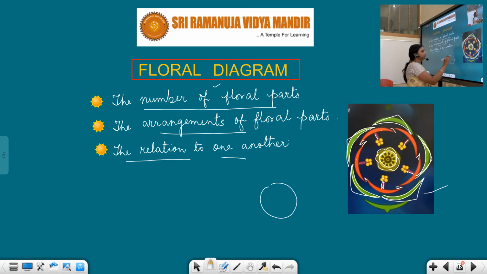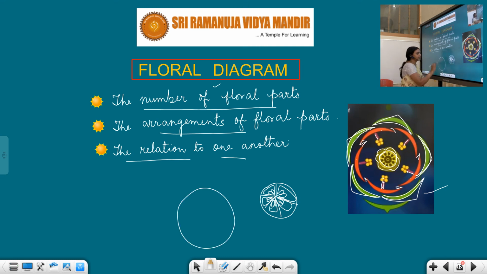See, if these are carpels, 1, 2, 3, 4, 5. And inside the carpels, locules are present. These are locules, and inside the locules, ovules are arranged. If they are arranged in this manner, it is axile placentation.